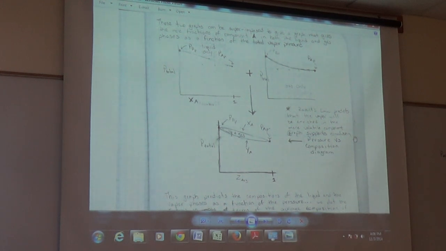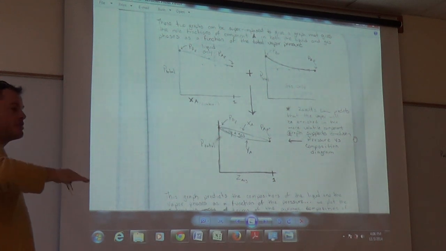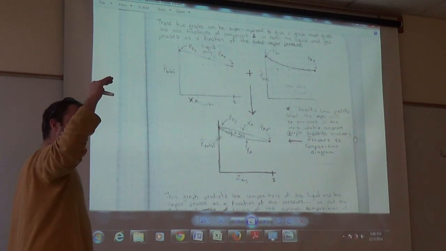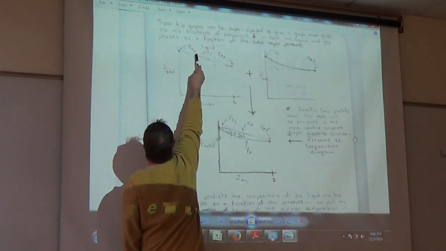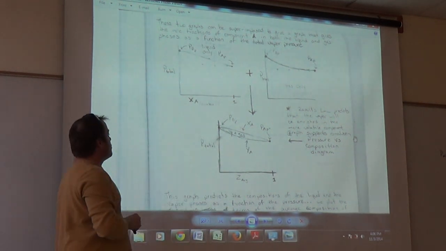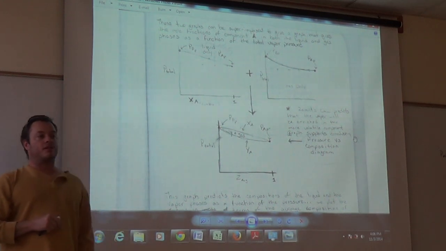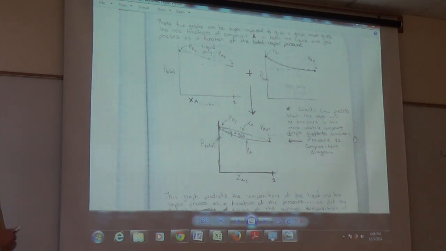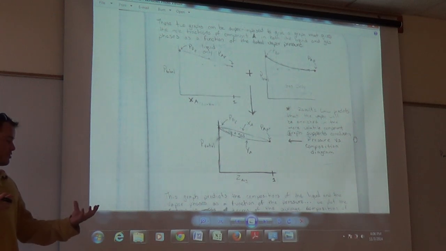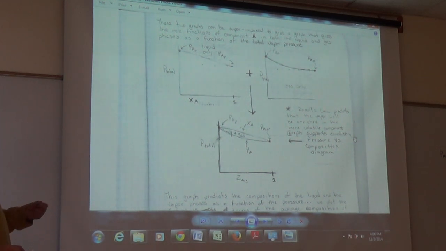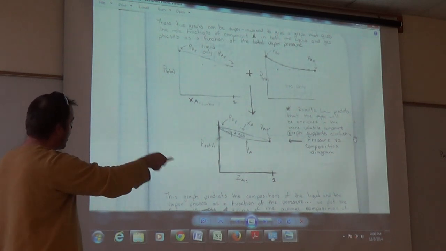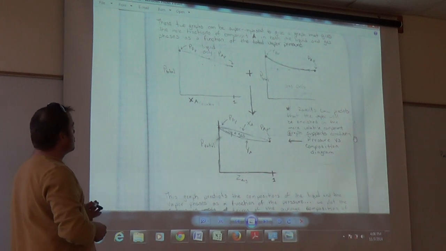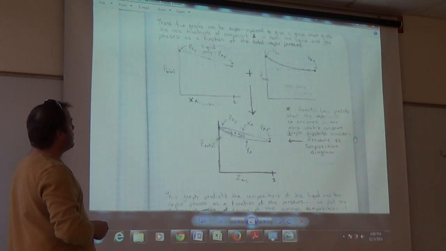It's now energetically favorable for these species to move off into the gas phase, right? And so, right at that line, you are at a point of equilibrium between the liquid and the gas. So you'll have in that system some liquid, some gas. The gas phase will have the gas phase mole fractions predicted by the curve on the right. The liquid phase will have the liquid phase mole fractions predicted by the curve on the left.